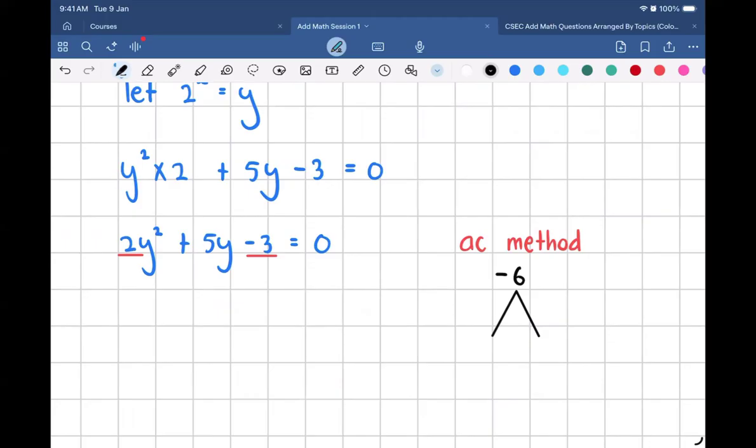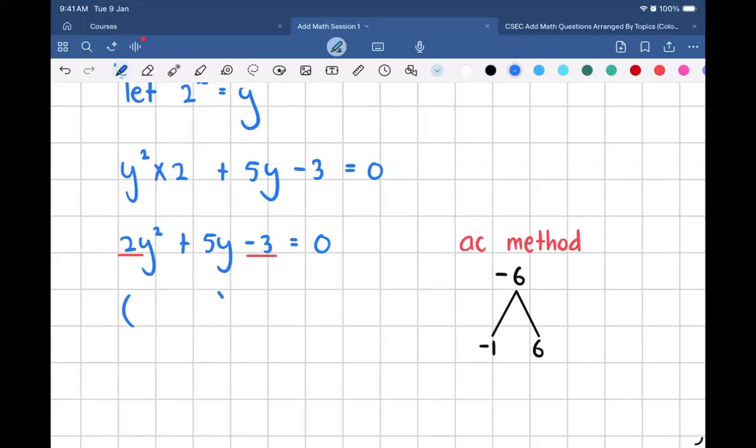Shay, is that confusing you? So think of two numbers I could multiply to give you minus 6, but add to give you plus 5. Negative 1 and 6. And from here, we just factorize it like we would normally.